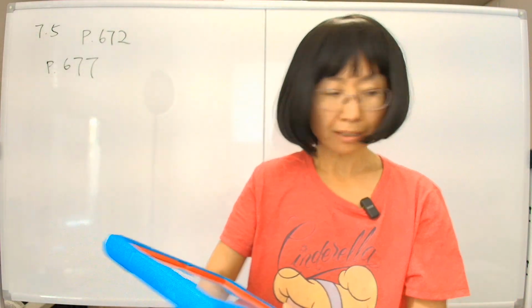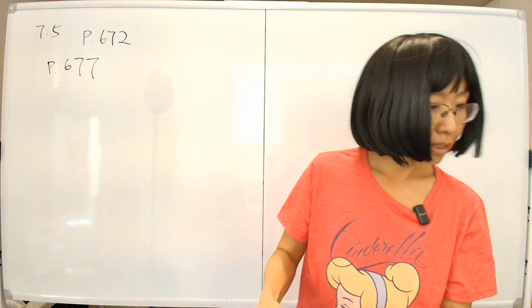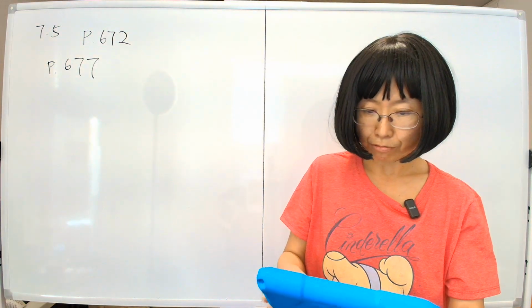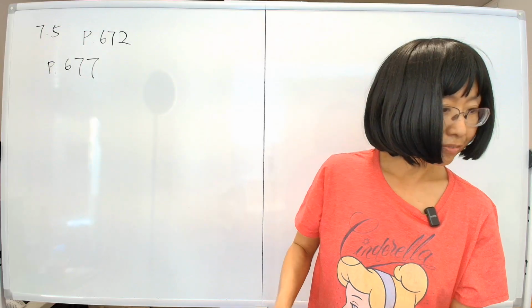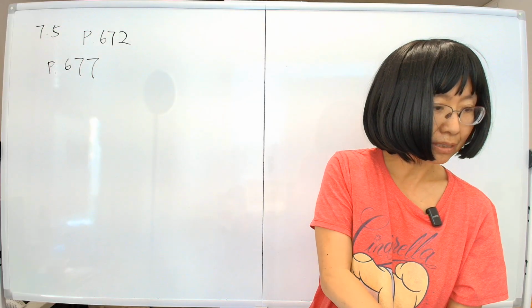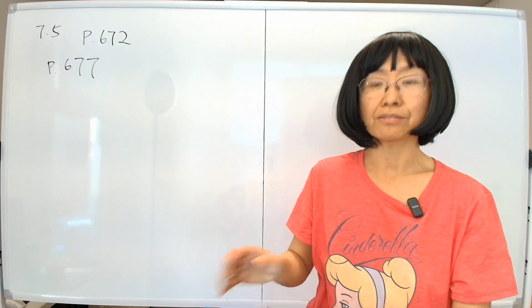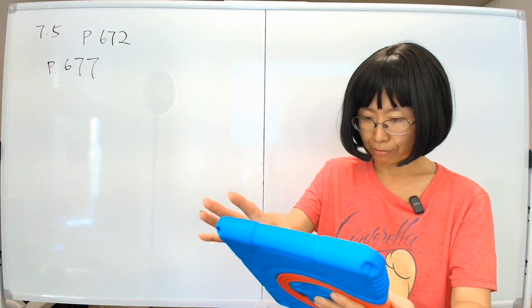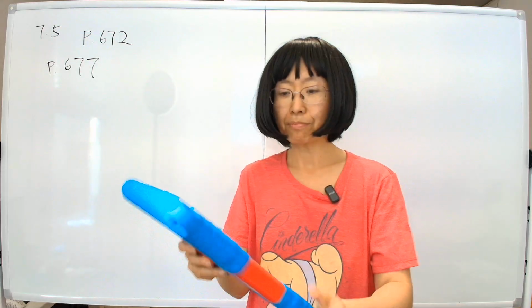Also, I think on this page there's a slight mistake. On page 678, where are we right now? Yep, this is the page. I have a note that says it should say c squared plus b squared equals a squared. That's just a small typo somewhere.